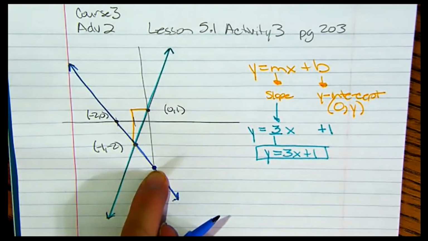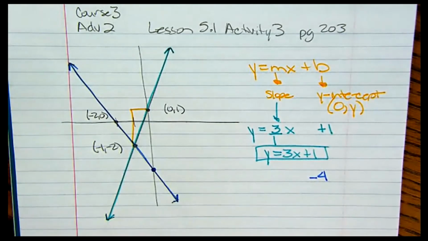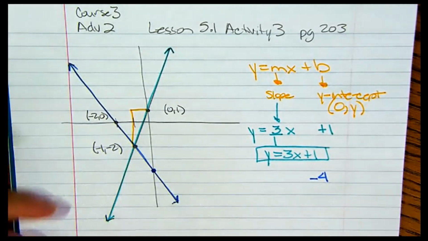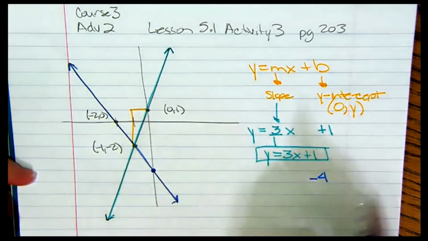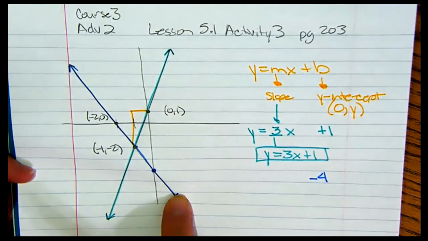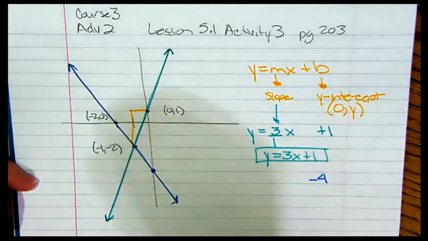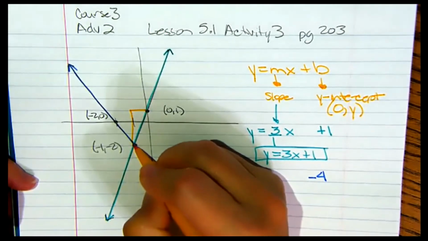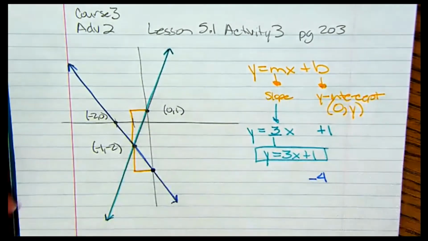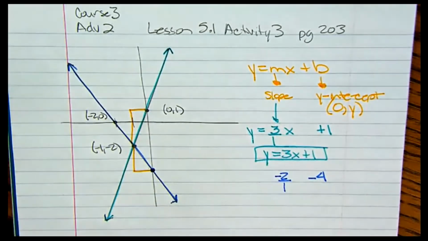So it looks like my y-intercept is -4. Now we need to figure out the slope. So I've got 2 points. My slope is negative. It's going down. The slope is negative because it's going down. And I'm going down 2 over 1. So it looks like my slope is -2 over 1.